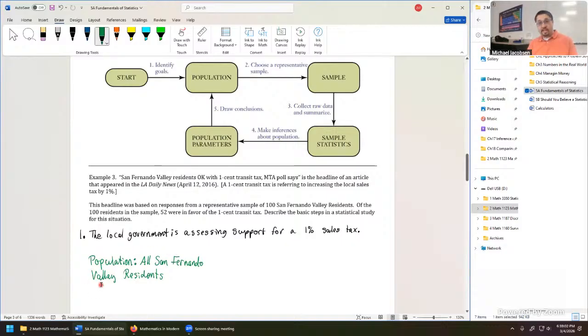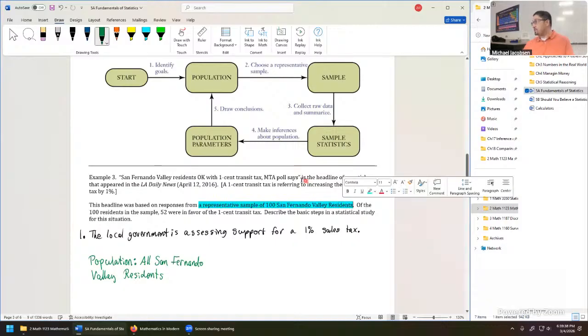What they don't want to do is go to just any one spot, say a local Walmart somewhere in San Fernando Valley, and just ask 100 people that show up at that one spot what their opinion is. That's going to be biased and it's not going to be representative of San Fernando Valley. That's a gigantic place. So we have to take a lot of care on how they get that sample. And they did say we would have to assess if we really believe this, but they do claim they have a representative sample of 100 San Fernando Valley residents.